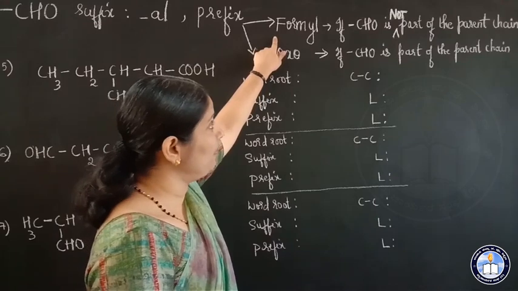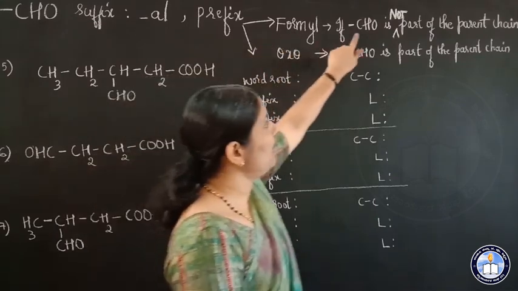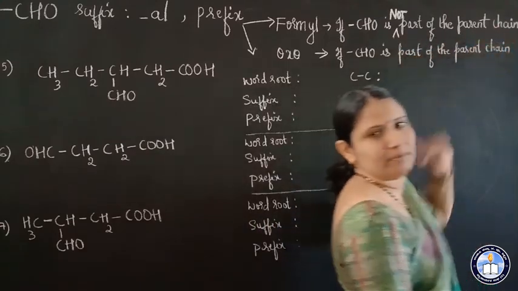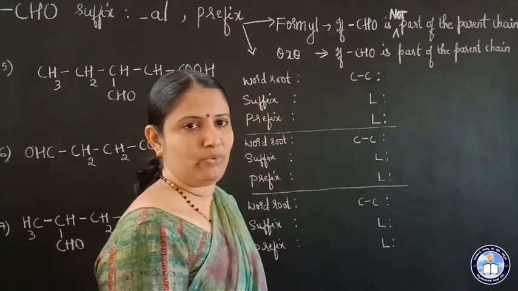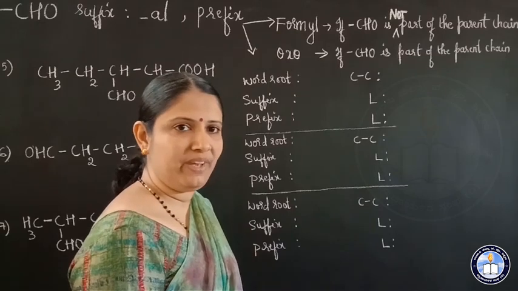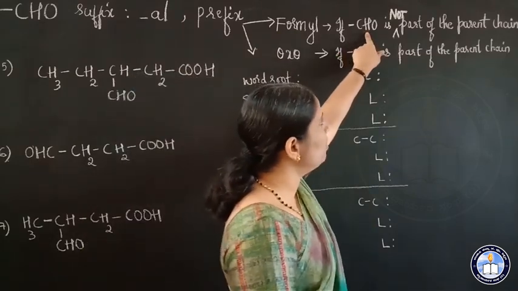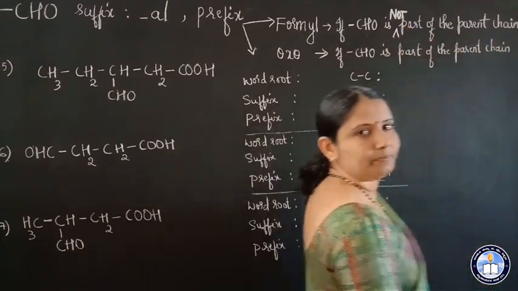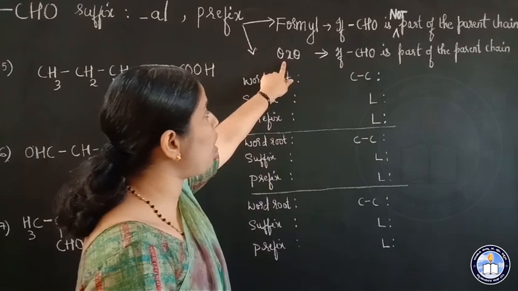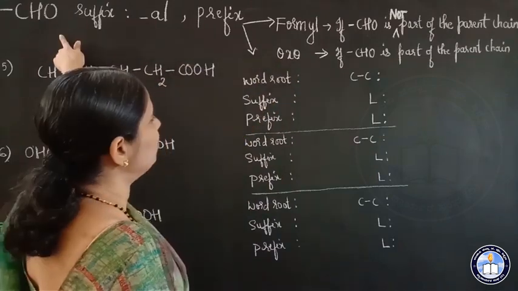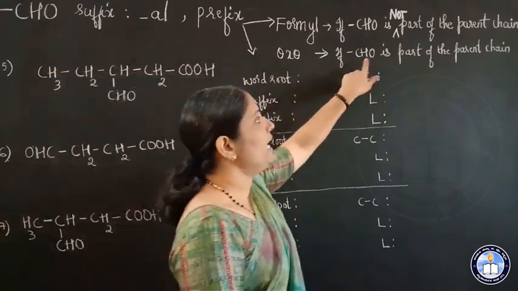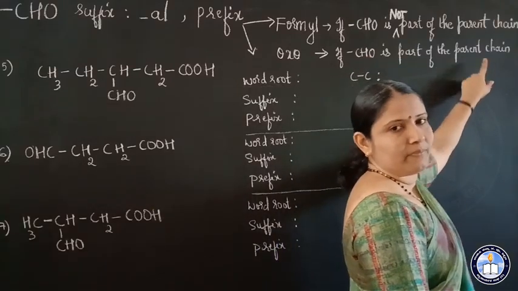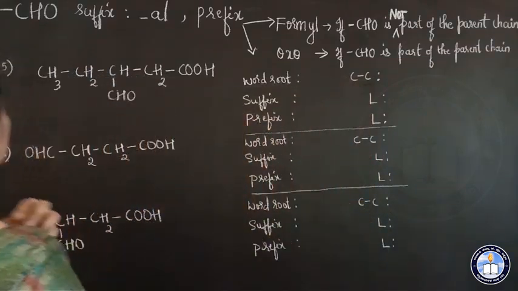This formyl prefix is used if the CHO is not the part of the parent chain. And we use oxo as prefix for CHO if CHO is part of the parent chain.